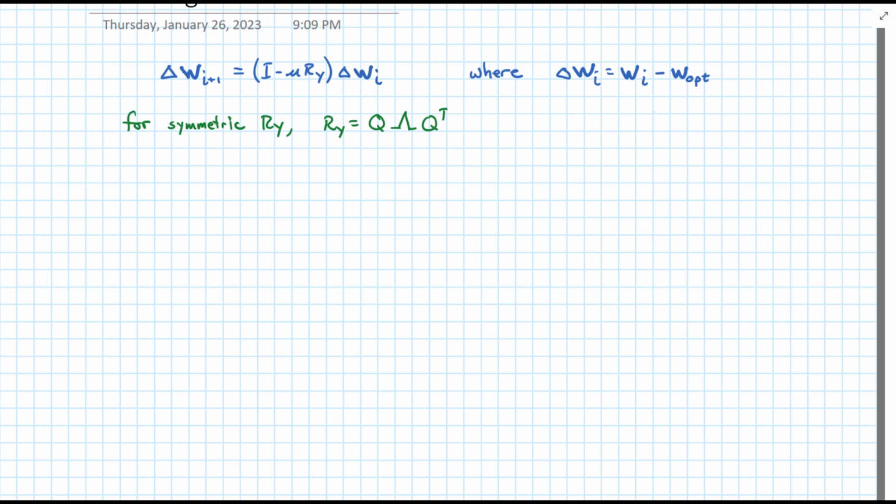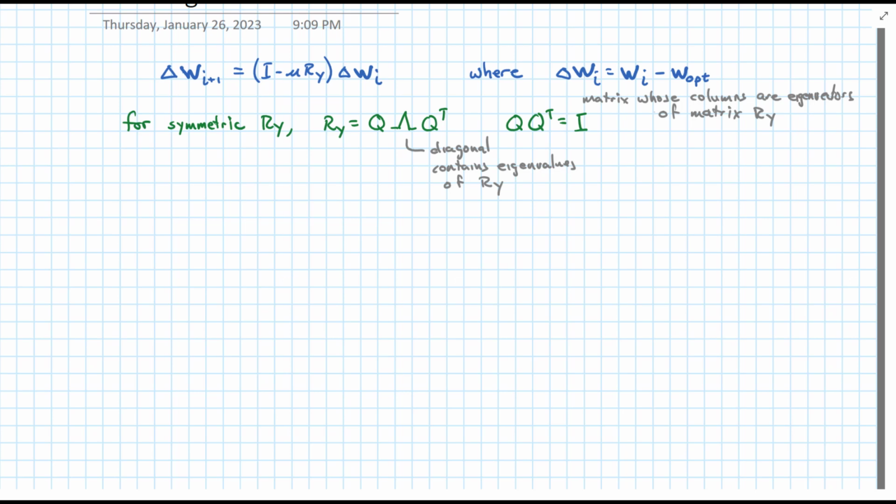In this case, Q is a unitary matrix, that is Q times Q transpose is equal to I, or in other words, Q transpose is the inverse of Q. And Q is made up of columns that are eigenvectors of the matrix Ry that are normalized to make them unit norm. And the lambda is a diagonal matrix that contains the eigenvalues of Ry.